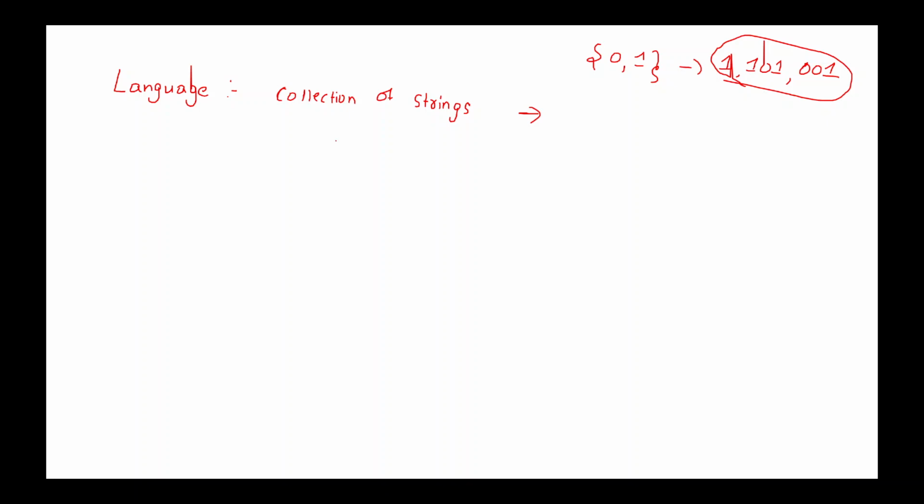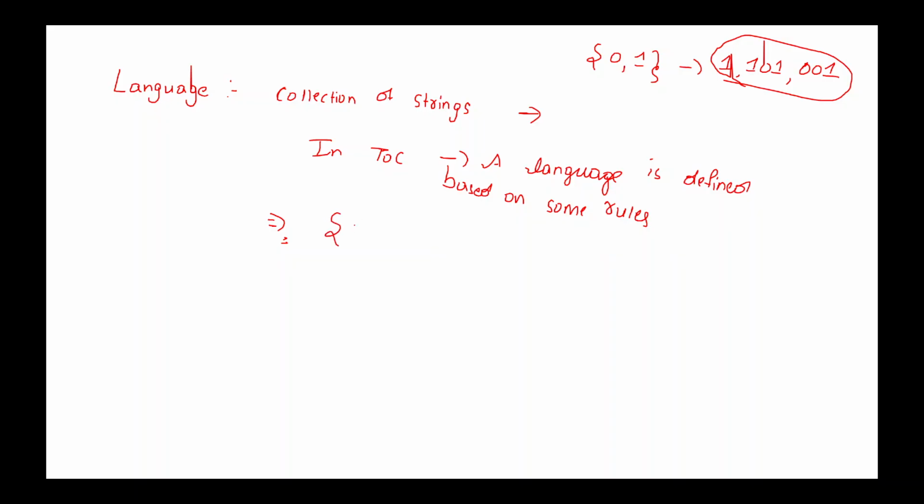But generally in TOC, a language is defined based on some rules. Suppose there is an alphabet, say 0, 1, and now if you create a language, the language must follow a set of rules.